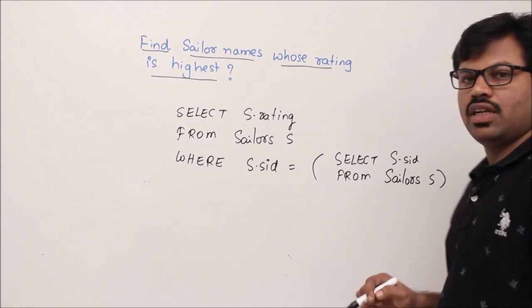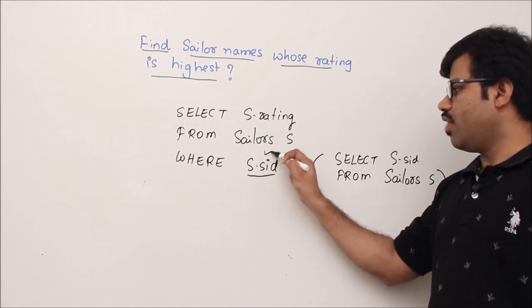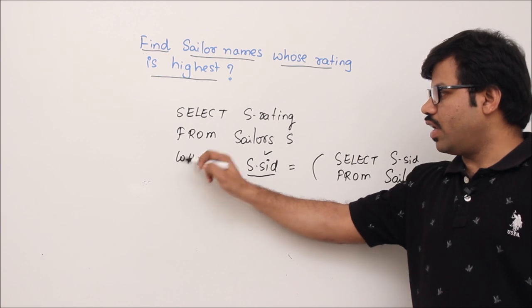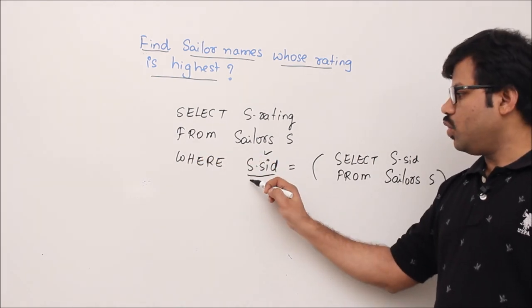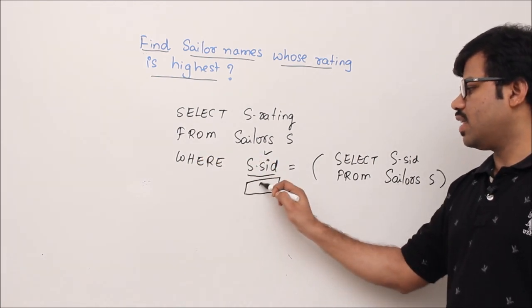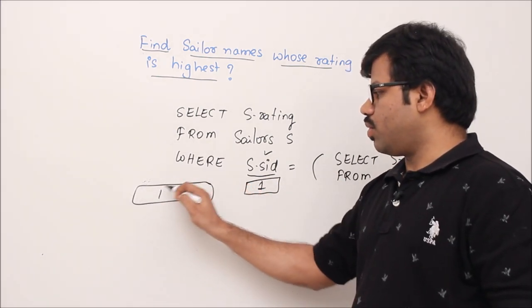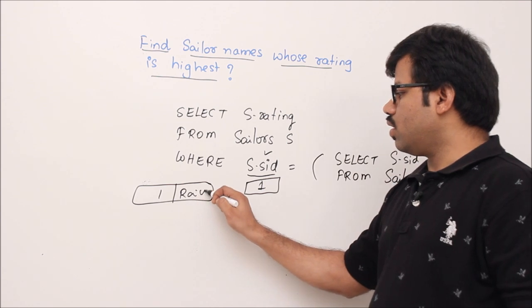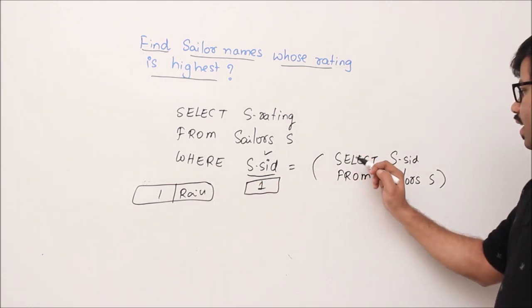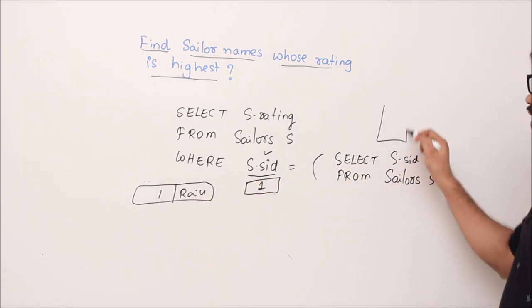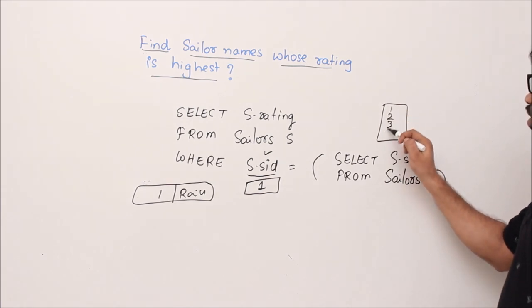Now see this one. On the left side we have a single value. When you evaluate this query for every tuple, at a time you will have only a single value s dot sid, let's say 1 for the first tuple. Let's say I am evaluating the first tuple 1 comma Raju, then equal to select s dot sid from sailors. It's a big table with a lot of sailors: 1, 2, 3, 4.